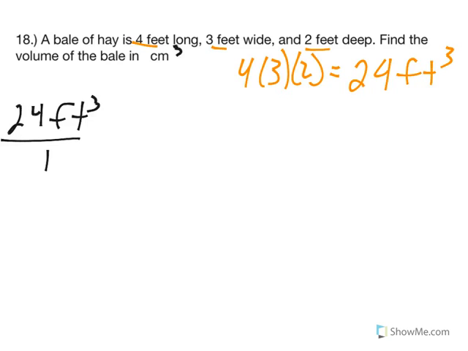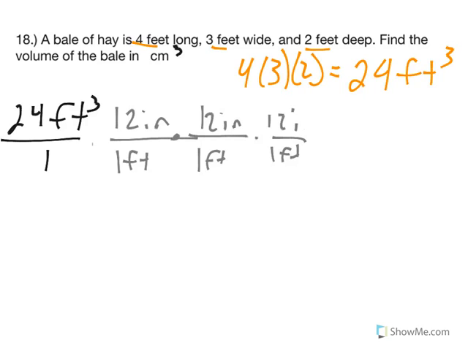Well, I look at the sheet, and centimeters correspond with inches. So, no problem. I'll take this cubic feet and say 1 foot is 12 inches. And I got to do it 3 times because 1 foot, 2 foot, 3 foot takes care of cubic feet.